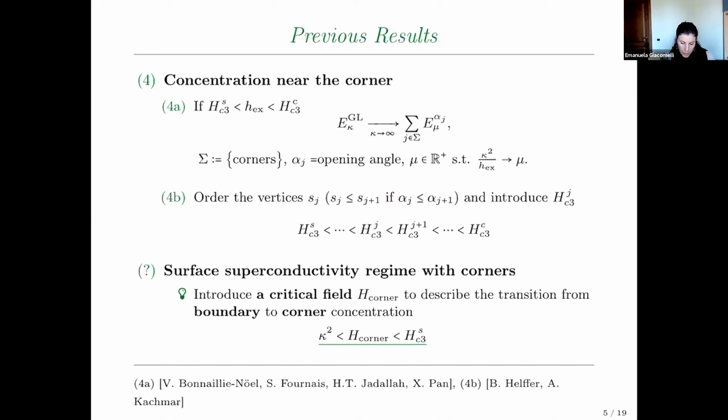Okay, so I tried to tell you whatever is known so far, or was known until I started my PhD, about concentration of superconductivity in smooth domains and in domains with corners.